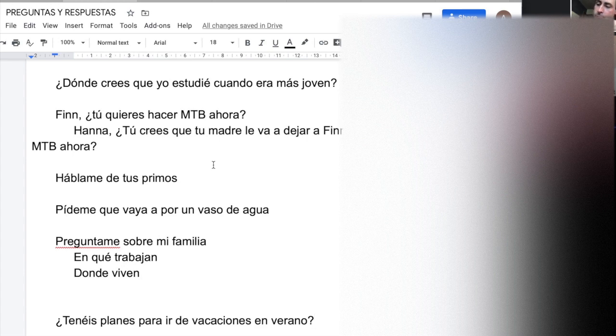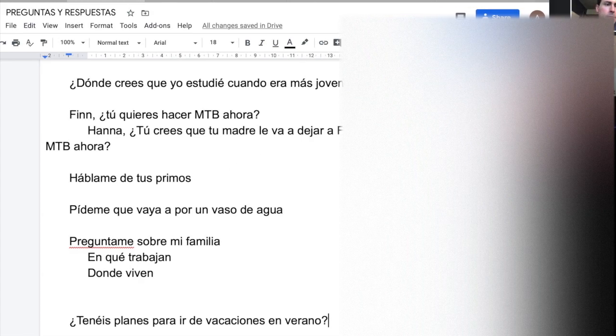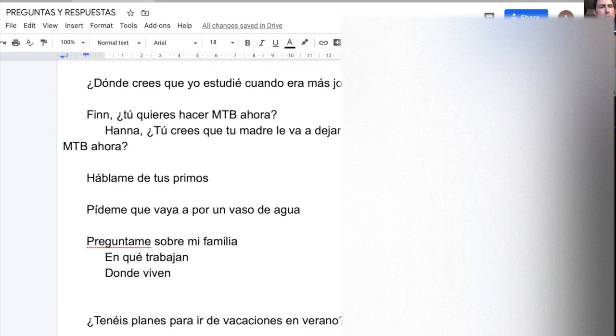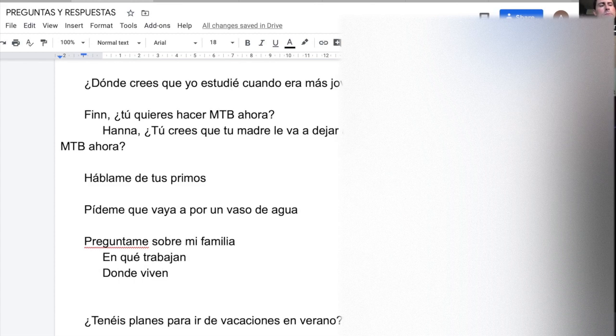Mis primos del lado de mi padre, de la familia de mi padre, viven en Colorado. Bien. Y mis primos de la familia de mi madre viven en Bellingham. Muy bien. Y Seattle. Bien.